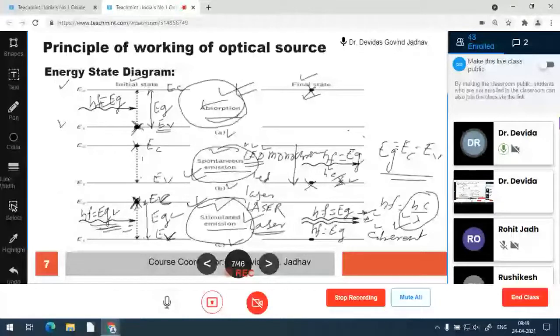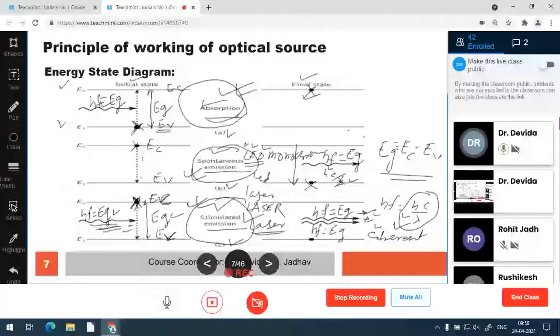So absorption is there, spontaneous emission is there, stimulated emission is there. Absorption is broadly observed in detectors, but there is also very small absorption in sources. In spontaneous emission, photons are emitted randomly, and this emission is monochromatic because the material has a constant band gap energy, and the emitted photon energy hf equals the band gap energy.